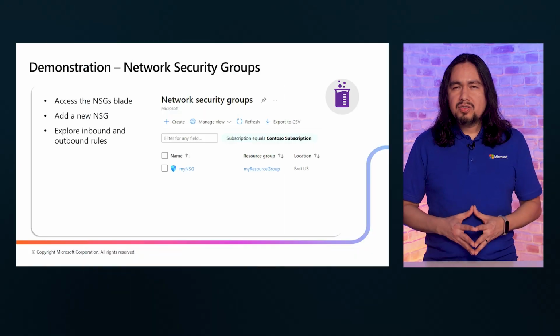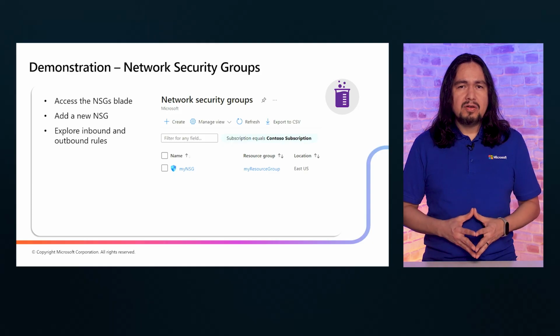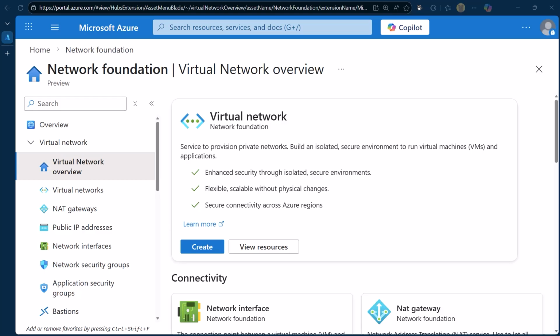Now let's see how to create an NSG, how we're going to associate it to a specific subnet, and how to configure inbound or outbound rules. In this demo, we're going to create a network security group, and then associate it to a specific subnet. We start at the virtual network overview.